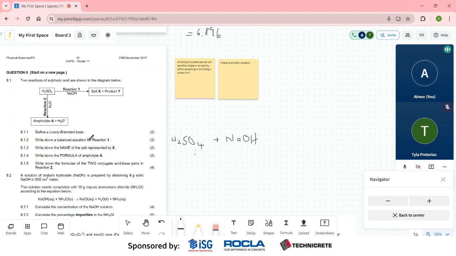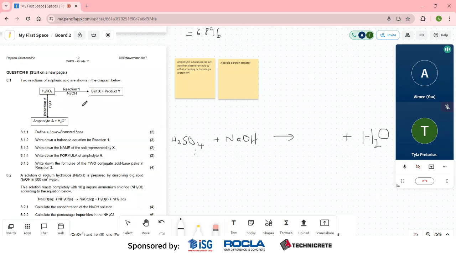So you can see they're asking for a balanced equation of reaction 1. Here they say H2SO4. This is reaction 1. It's reacting with NaOH to give us a salt and product Y. Okay, so remember, when a strong acid reacts with a strong base, they react to give us a neutral salt and water. So product Y has got to be H2O.